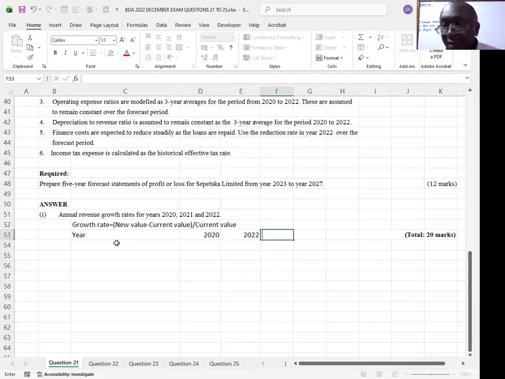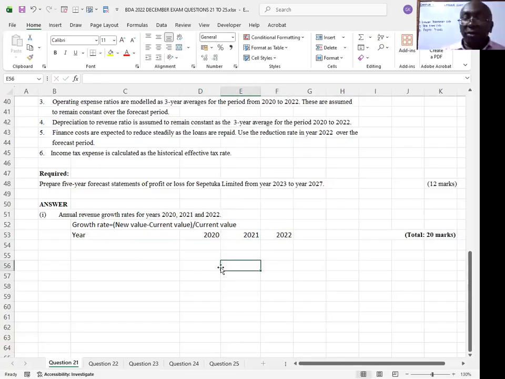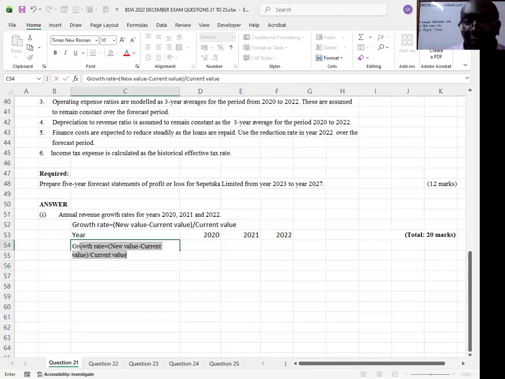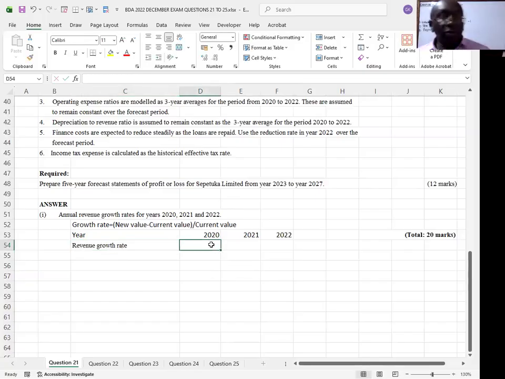No, sorry. 2021 and 2022. That's what they want. So we come here and type growth rate. They are calling it revenue growth rate. So we type revenue growth rate.